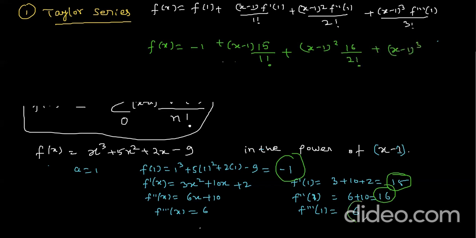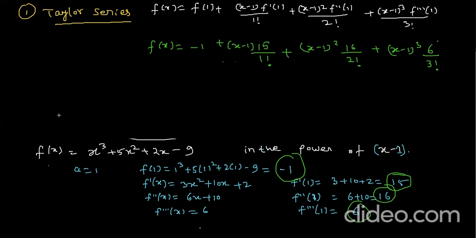F triple dash is 6 upon 3 factorial, times x minus 1 whole cube.